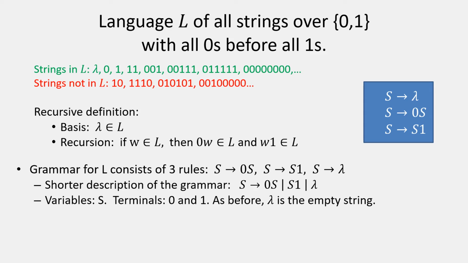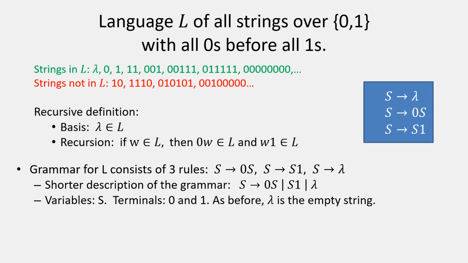So as we say, sometimes when it's the same thing on the left hand side, we could just write it as one rule. So a symbol S can go to 0 followed by, again, the next step of the recursion on S, or S followed by 1. Again, think of S as something that will open up recursively, or the empty string, which is your basis.